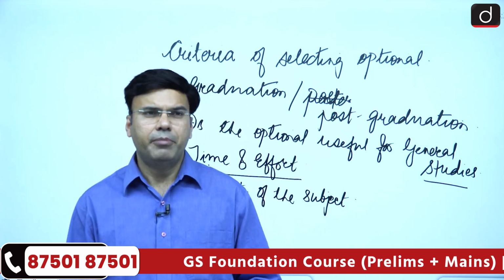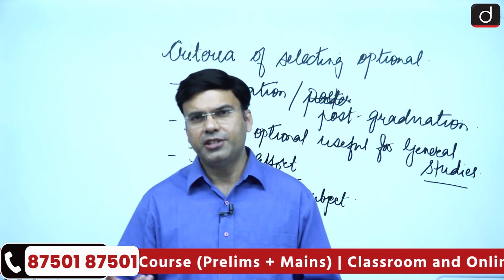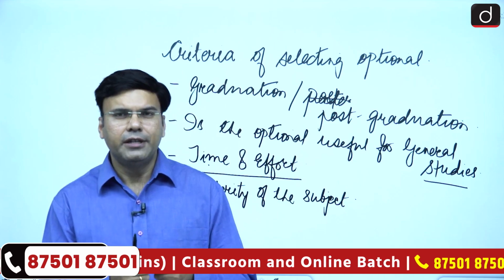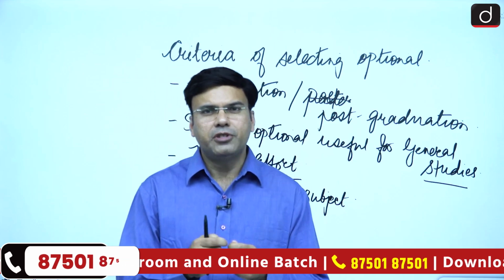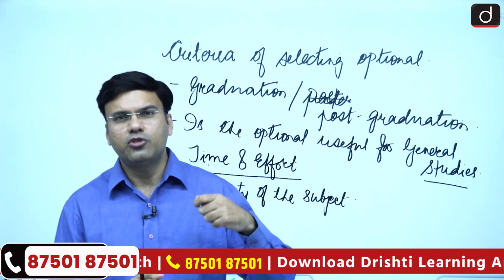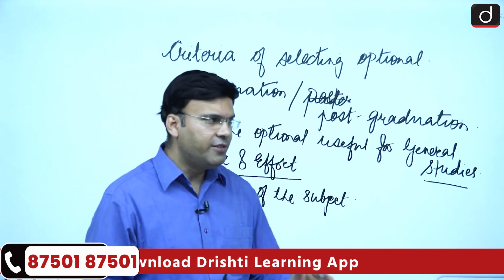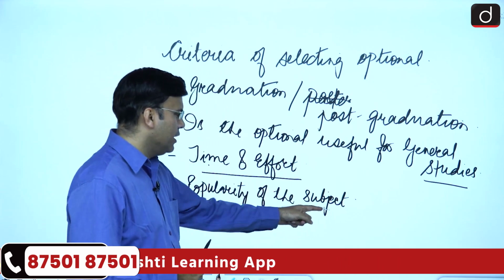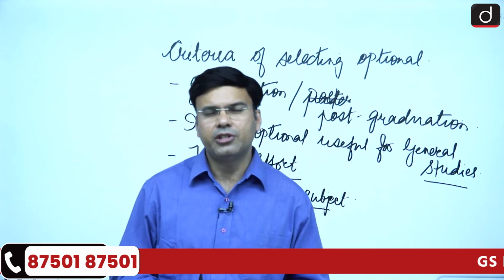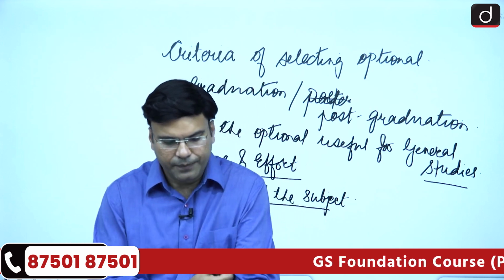If you have a better ratio of students taking up the optional and students passing the examination, that would directly mean there is a proportional relation between the students opting for the paper and the students passing the examination. So if the subject is popular, it means the subject is faring well as far as success in the examination is concerned.